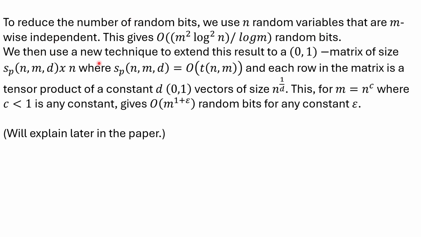We then use a new technique to extend this result to a 0-1 matrix of size s × n, where s is O(t) and m is at most n, and each row in the matrix is a tensor product of a constant d 0-1 vectors of size n to the power of 1 divided by d. This, for m equal to n to the power of c, where c is less than 1 and is any constant, gives O(m to the power of 1 plus epsilon) random bits for any constant epsilon. We're going to explain this later in the paper.